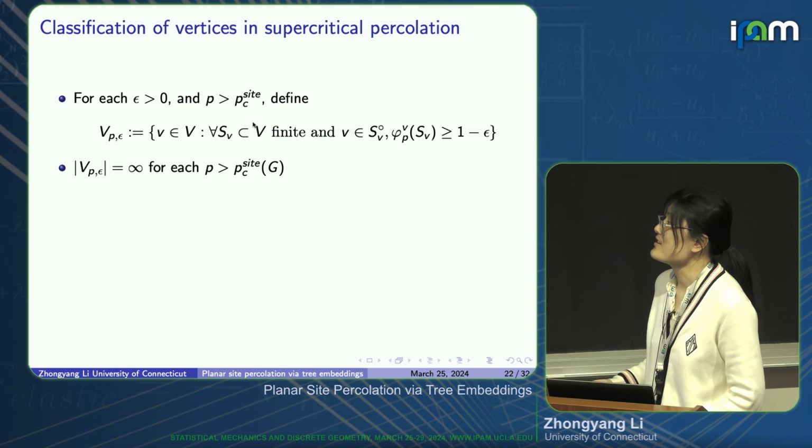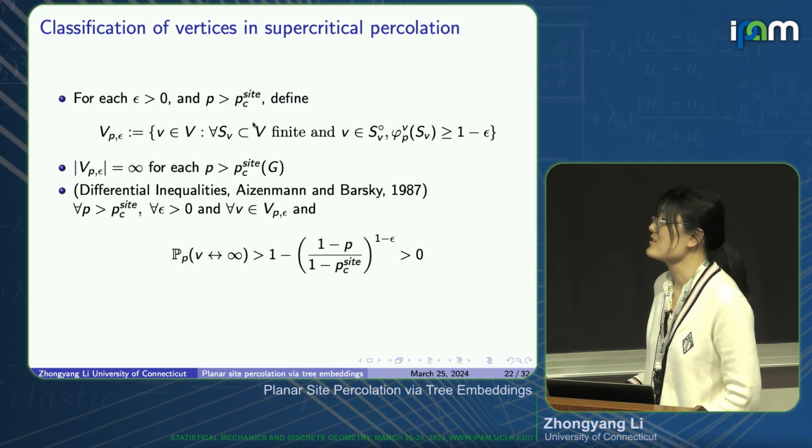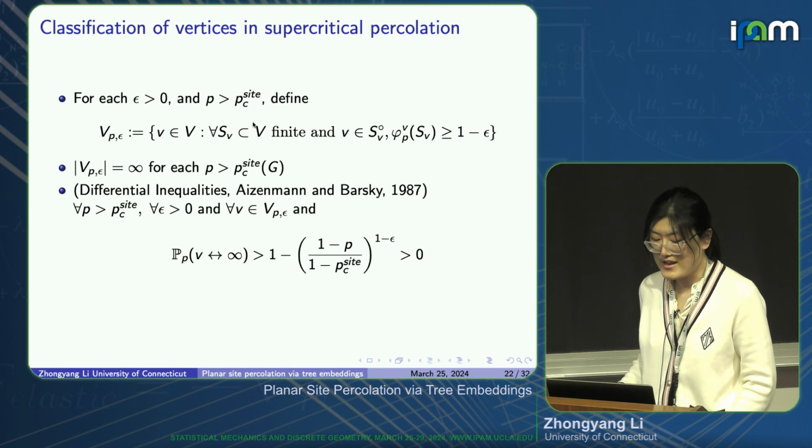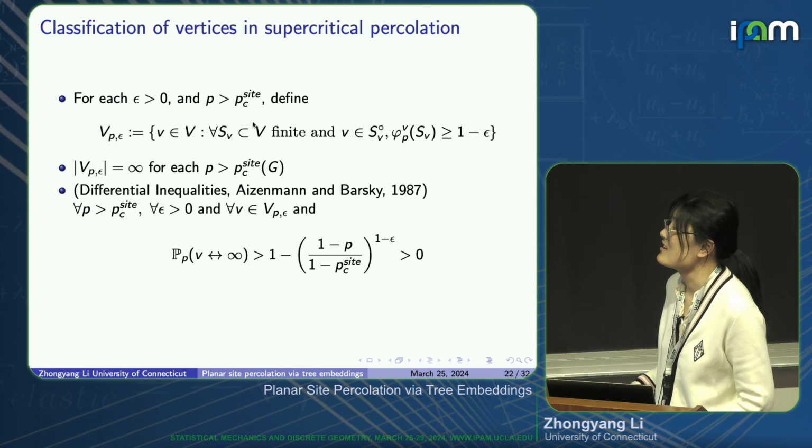Then we can show that for each p greater than pc of G, such vertices are always infinite. And then using differential inequalities, even technical ones, we can say that whenever v is such a vertex, the probability that v is in an infinite cluster is bounded below by the same constant. This constant is independent of the vertex. It depends only on epsilon and this p greater than pc. So this is the same positive constant.